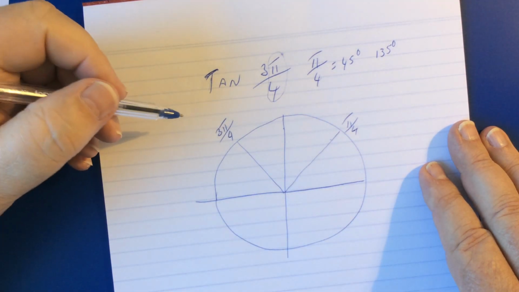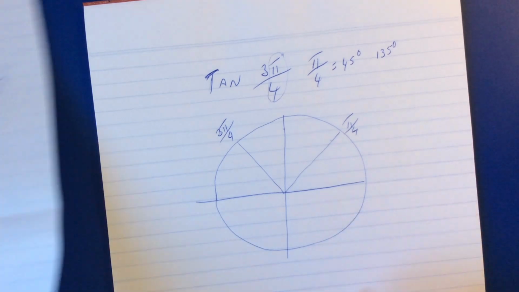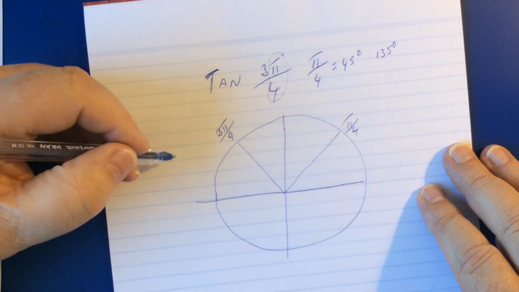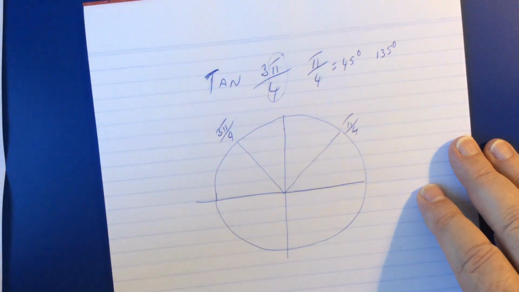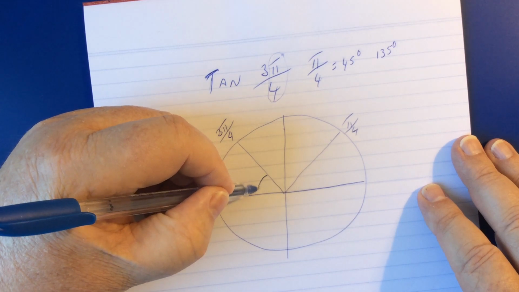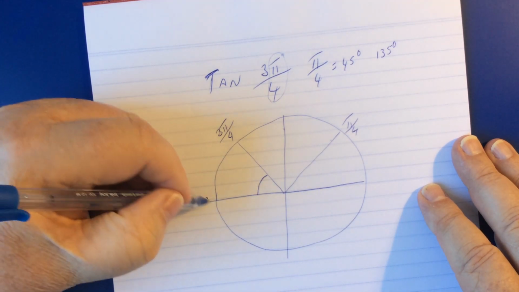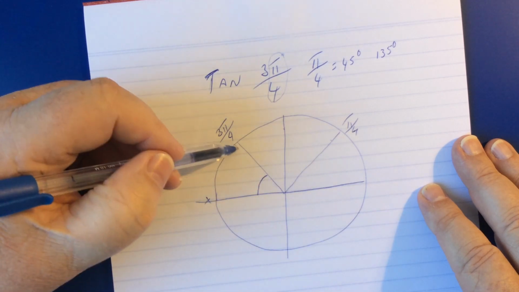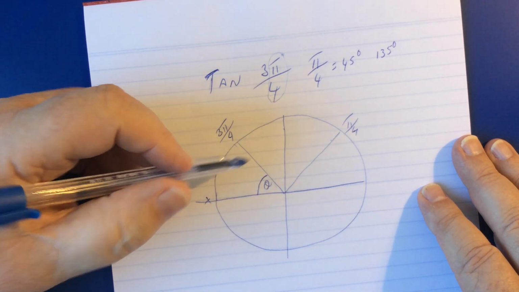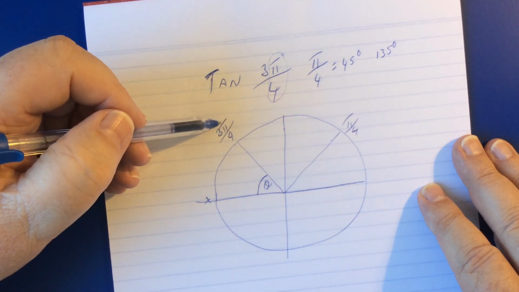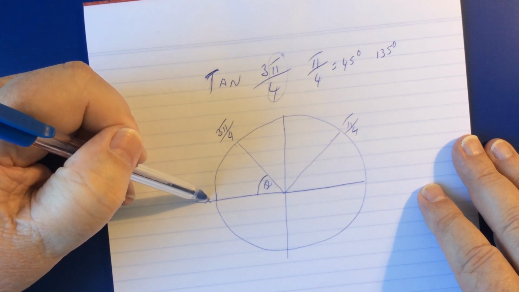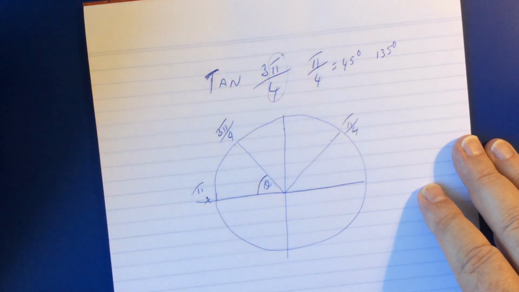It's in the second quadrant. According to this, it's going to be a negative value. So tangents are negative here. That's something to remember. What we're actually interested in for finding the value of this is the angle of incidence between the x-axis and this line. So it's this angle in here that we're interested in, and that happens to be, happily, pi on 4, because 4 pi on 4 would take us to pi.